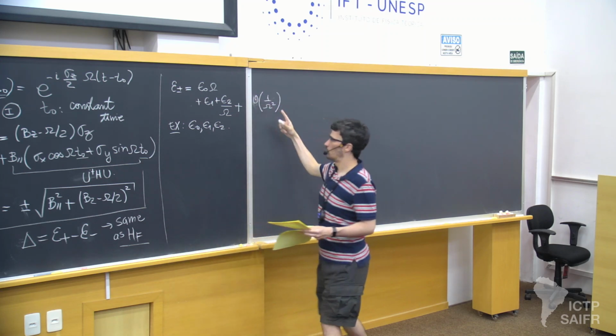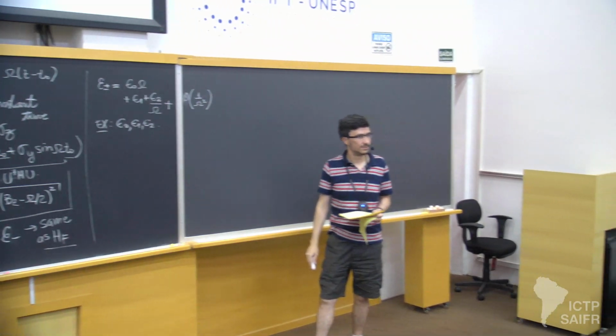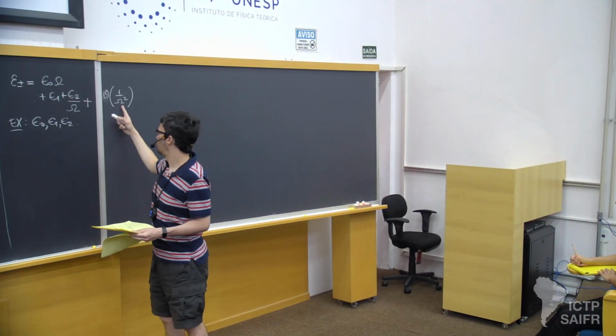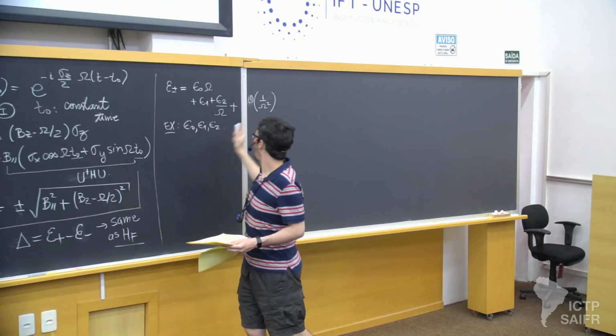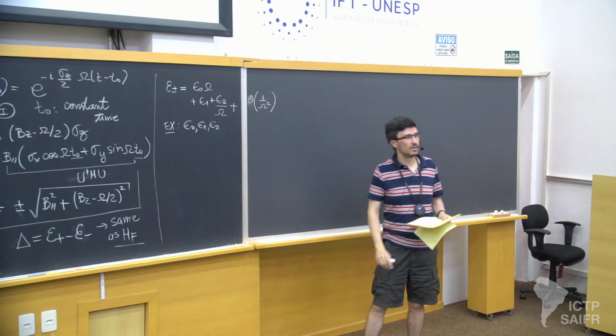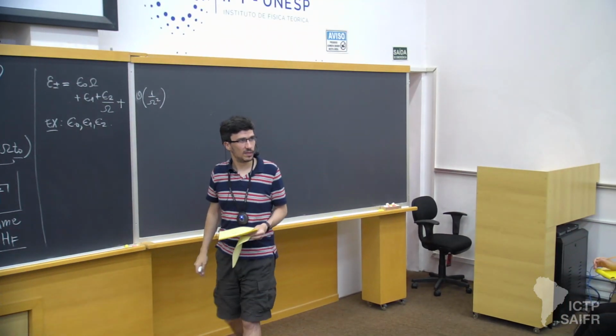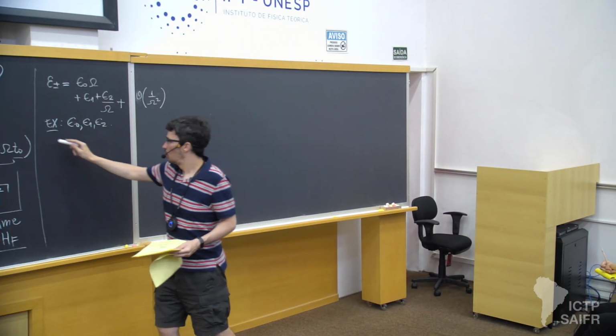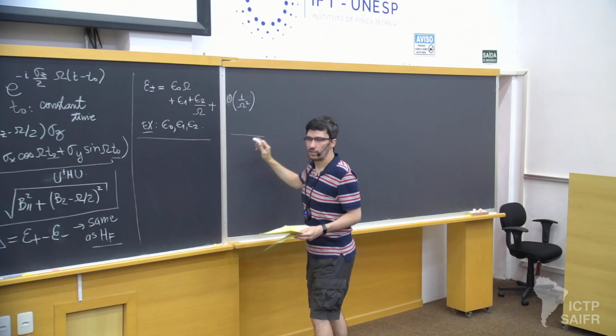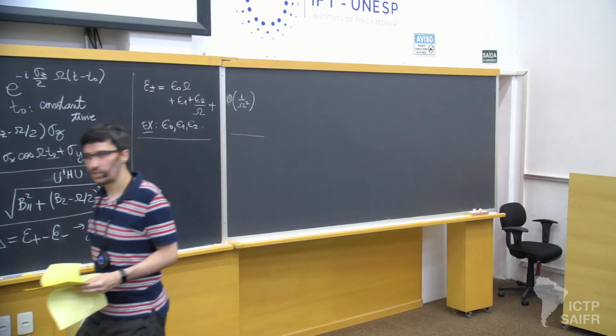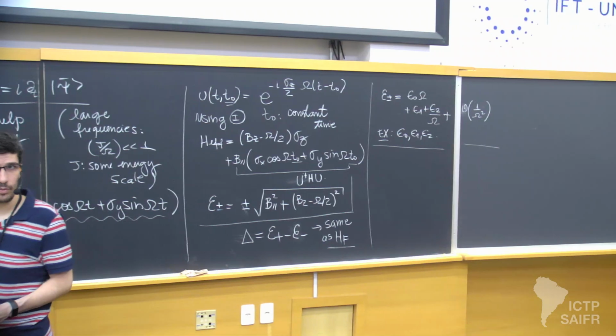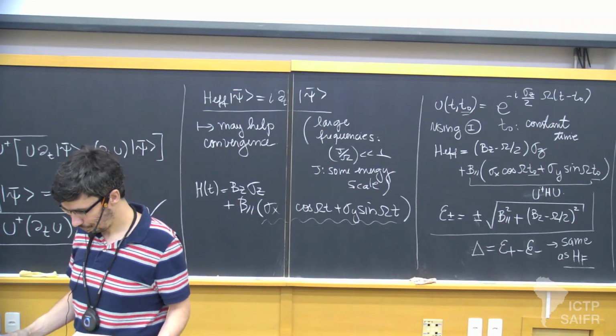The error is of order 1 by omega squared, if omega is very large. We are going to be studying some cases today in which omega is very large. All right. This is all that I had to say about the spin half case, but I think it's very instructive for the other problems we are going to solve.